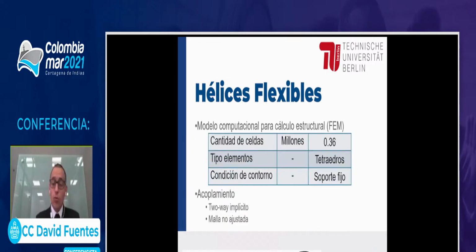Regarding the structural component, we found, after carrying out mesh analysis, that it was enough for the result. We carried out a comparison to see the displacement and the coupling of the system, compared to the coupling of the structural component using adjusted meshing.